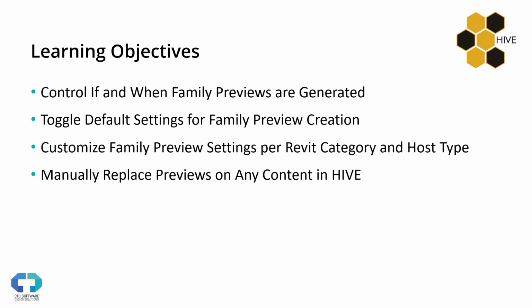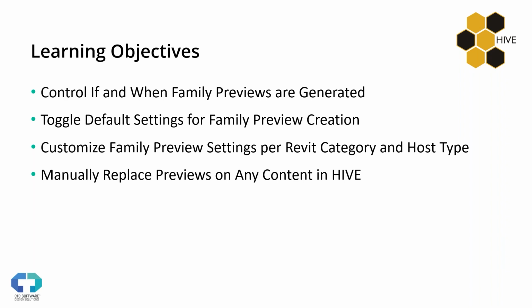So we're going to take a look at if family previews get created, when they get created, and a bit about how they're generated, of course. We're going to toggle some different settings for the family preview creation. We're going to customize family preview settings for specific Revit categories or specific Revit host types so that you can very explicitly control exactly how previews are controlled and generated on demand if you're using the auto generation of previews.